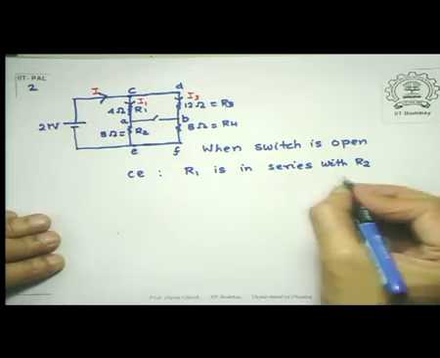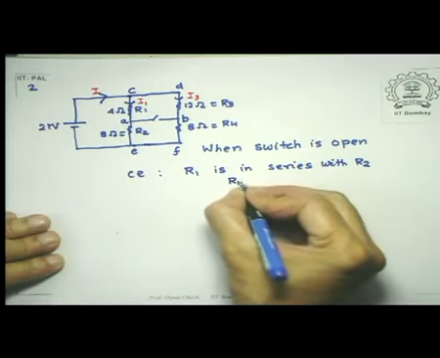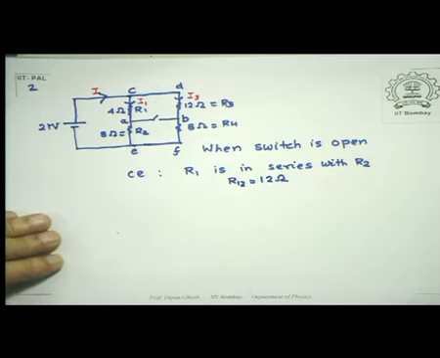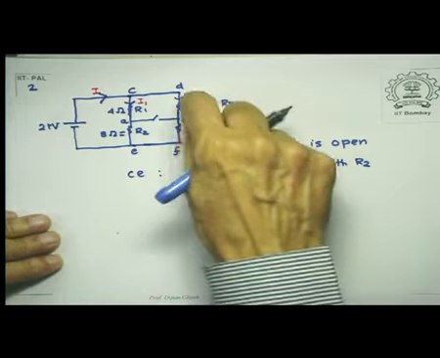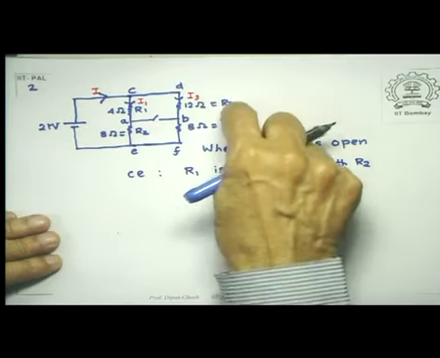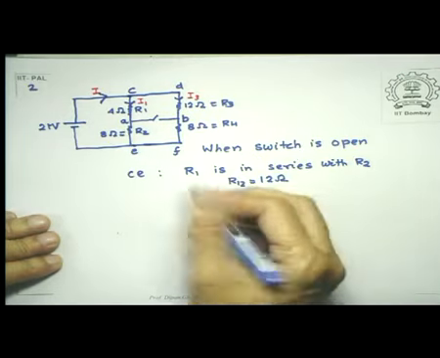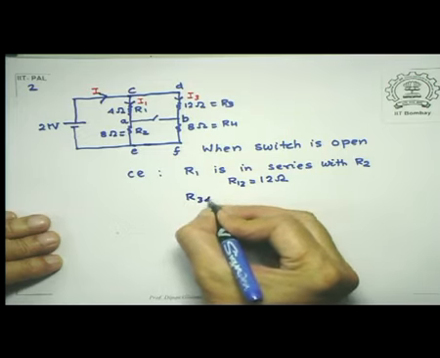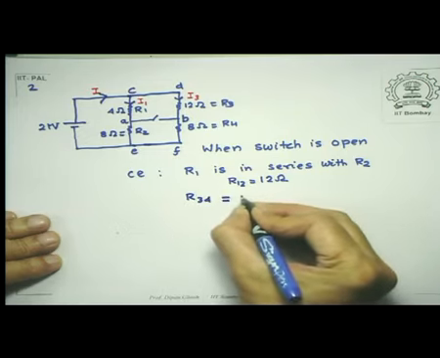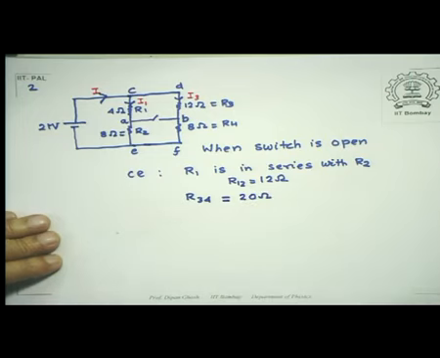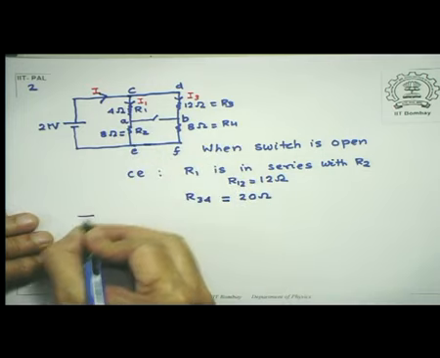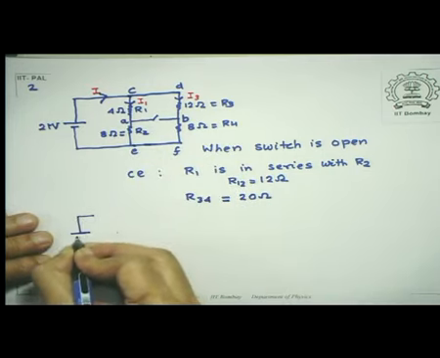So let's call this R12, that's equal to 12 ohms. And likewise, R3 is in series with R4. So let's call this R34, that's equal to 8 plus 12, which is equal to 20 ohms. Now, having done that, you notice that this circuit is now reduced to a circuit like this.